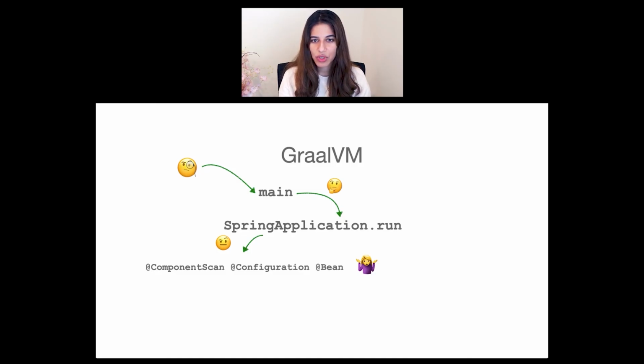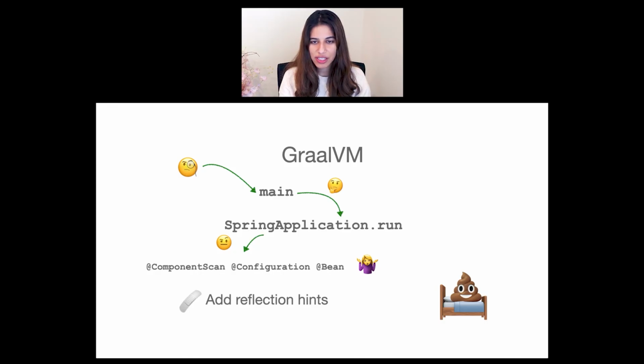But from there, it just wouldn't know what to do. And it could end up in a pretty bad mess. So in order to support GraalVM or Spring applications on the GraalVM, we could add reflection hints. And adding reflection hints for every single thing that we need in the final native image is not the best solution.